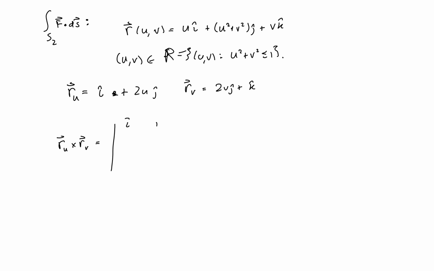So I have i, j, k, and I have 1, 2u, 0, and 0, 2v, 1. So when I take the cross product of this, this is going to give me 2u i minus j, and then plus 2v k.